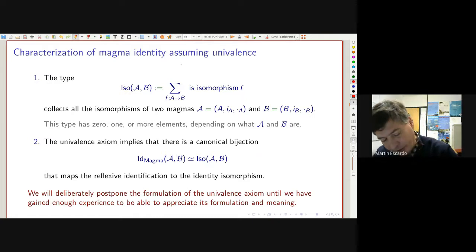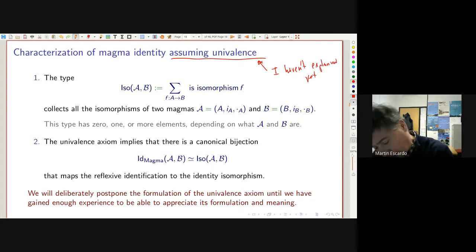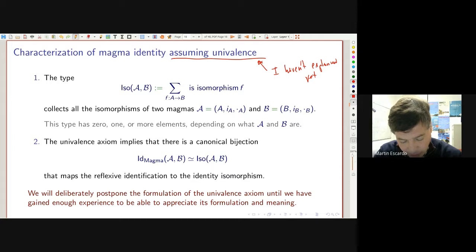Okay, so now it's the crucial thing that we have here. If you assume univalence, which I haven't explained yet, we are going to have the following theorem. So first, we need a definition. We are going to define a new type. We are going to call it Iso A B, where A and B are magmas.